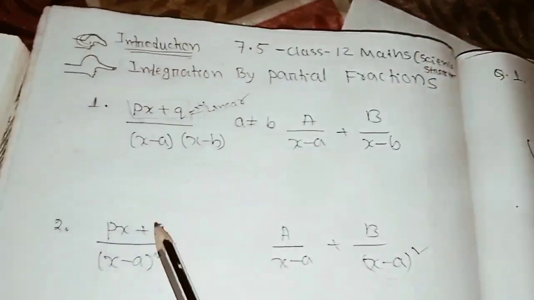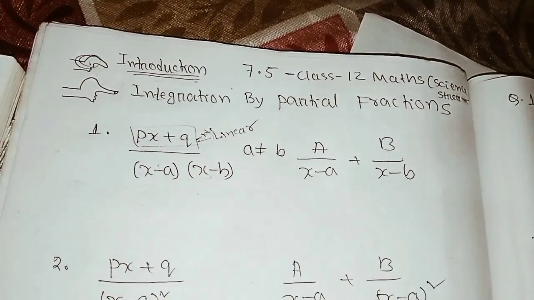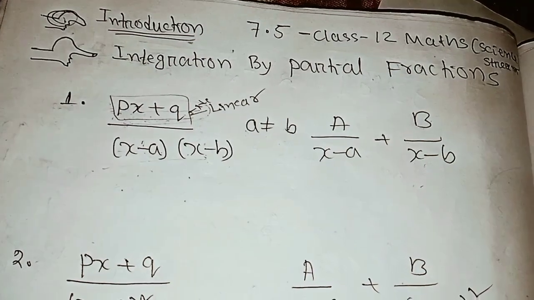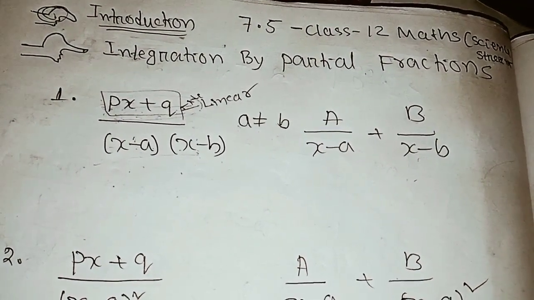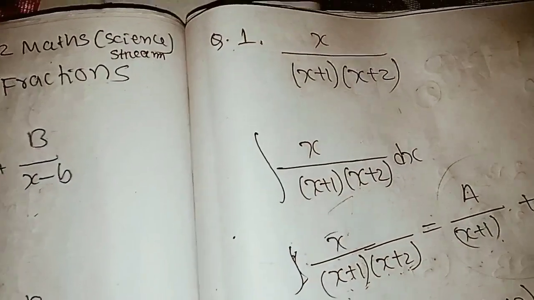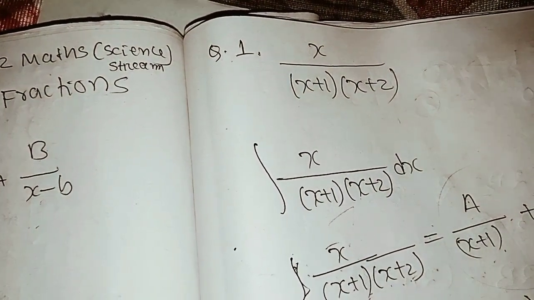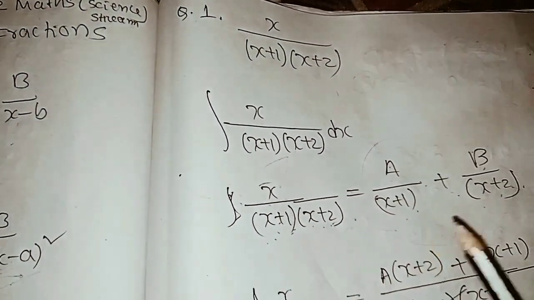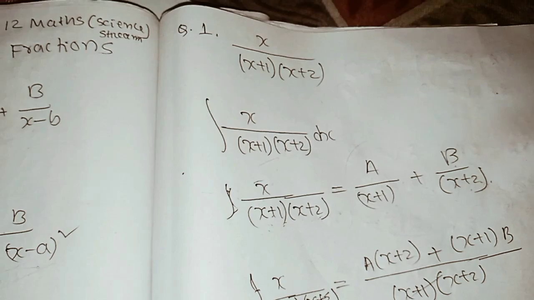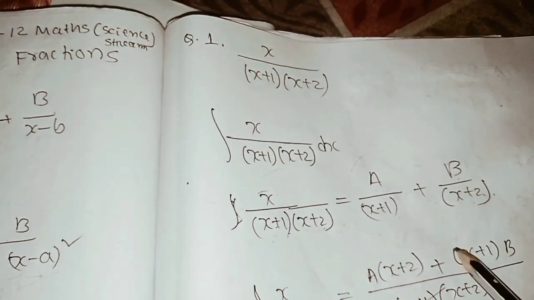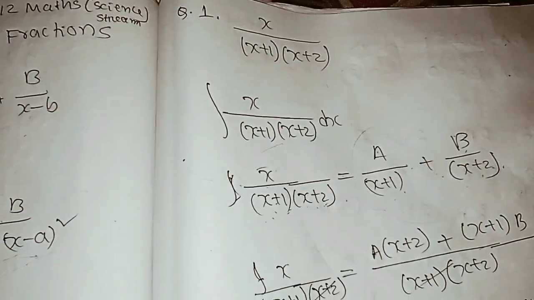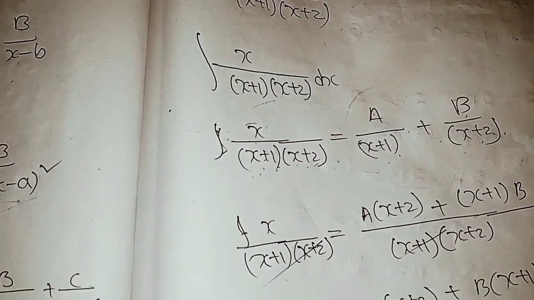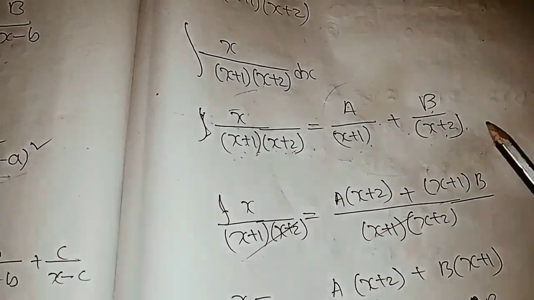You have to resemble it with this and think about which one applies. Then you can see here x divided by x plus 1 into x plus 2. For x plus 1 you can use a by x plus 1 plus b by x plus 2. Then you have to use this here.